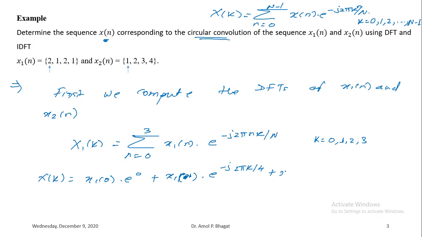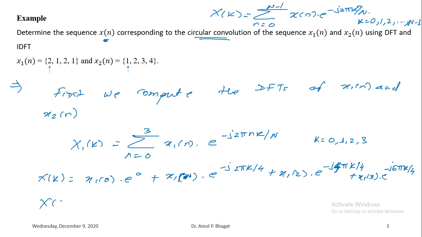So plus x1 of 2 into e to the power minus j 2 pi. So n is substituted 2, so it will be 4 pi k by 4, because 2 multiplied by 2 will be 4. Similarly, x1 of 3 multiplied by e to the power minus j 6 pi k by 4. So this is what we have.